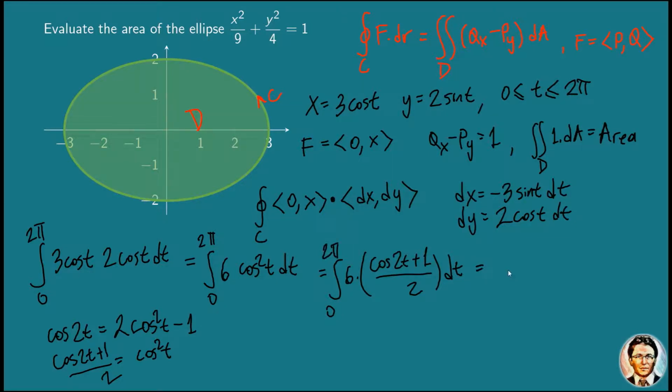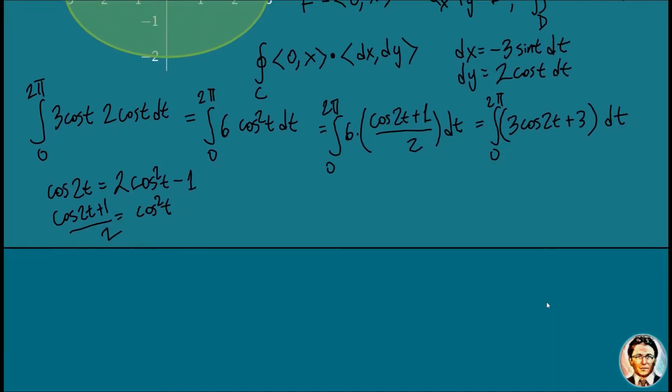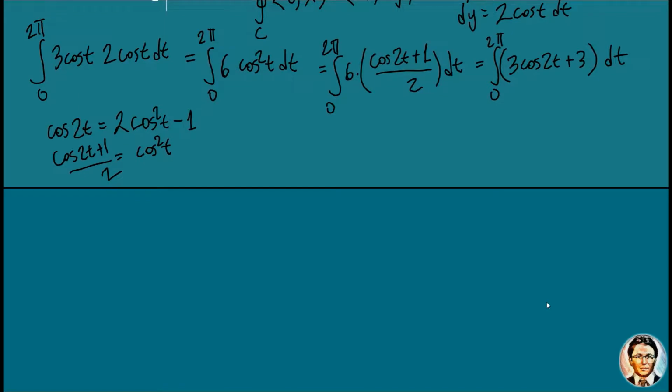We will have 3 cosine 2t plus 3 dt. So if we integrate cosine, it will be 3 sine 2t over 2 plus 3t from 0 to 2 pi.